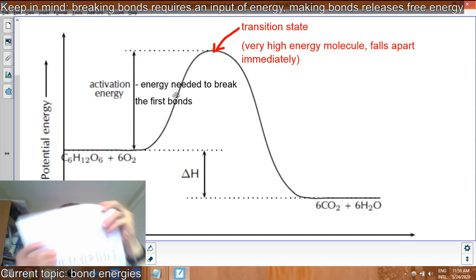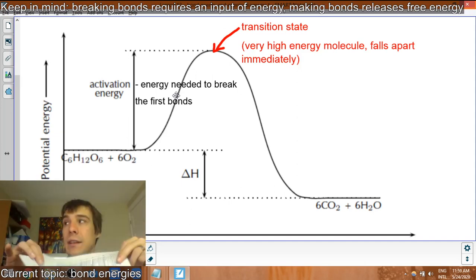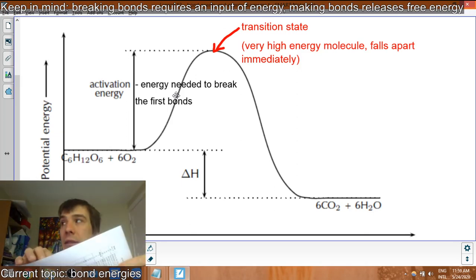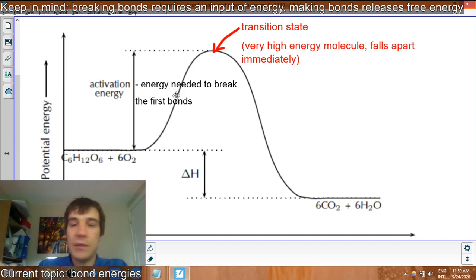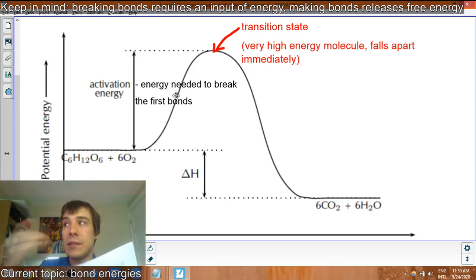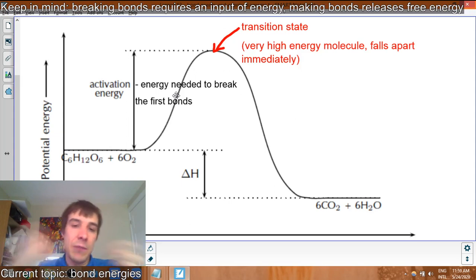This paper is made mostly of glucose, the cellulose, but it's not on fire right now because there's not enough energy to break those first bonds. If I bring something hot near it, suddenly things will move faster because that's what thermal energy is, and then the molecules can come in with enough energy to break those first bonds and start the whole process. And then because it's exothermic, you make more heat, and that heat promotes the reaction.